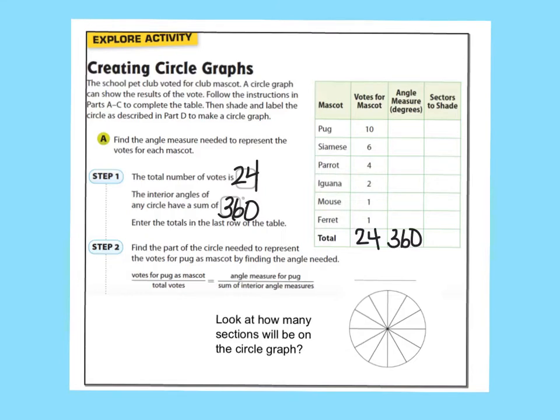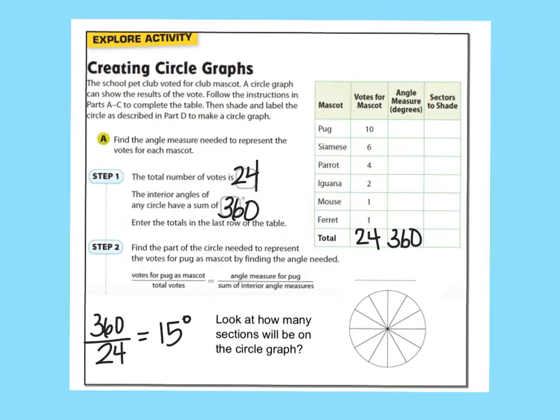I'm going to think about it this way: I have 360 total degrees, and there are 24 votes, so each vote has to equal 15 degrees.